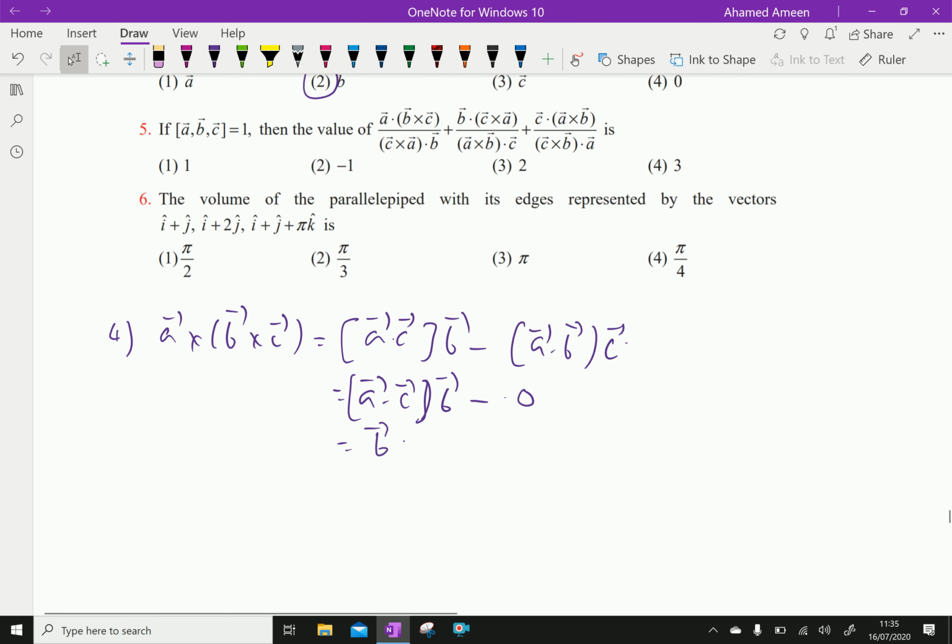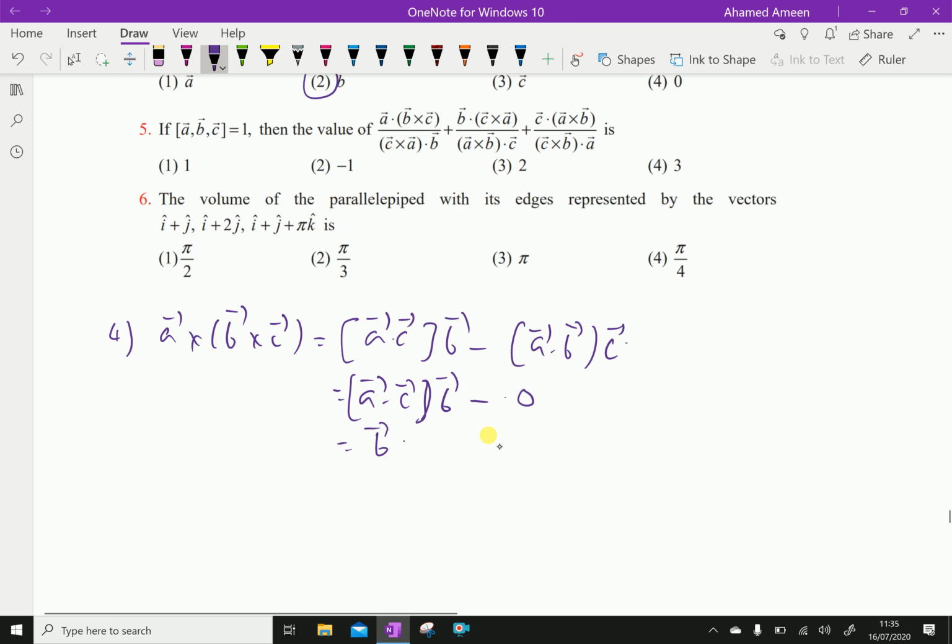Now question number 5. If the box product of vectors A, B, C is 1, then find the value of this expression. Look at this: here in order, but the third term is changing the order, C B A. Interchanged, it should be B C A, so we have to keep it.